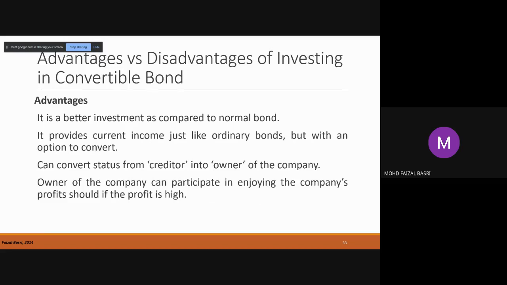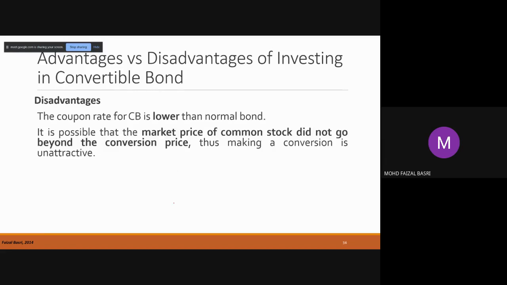Like I said, walaupun the returns are not guaranteed, there's a chance for you to get higher returns if your company is good, and the returns might be higher than bond, especially when the profit is high. Itu kelebihan dia lah. But in terms of disadvantages, sometimes the rate untuk coupon ni might be lower than normal bond.